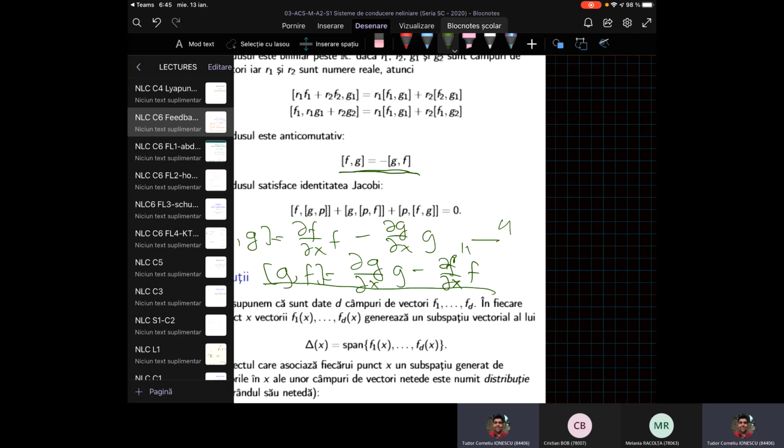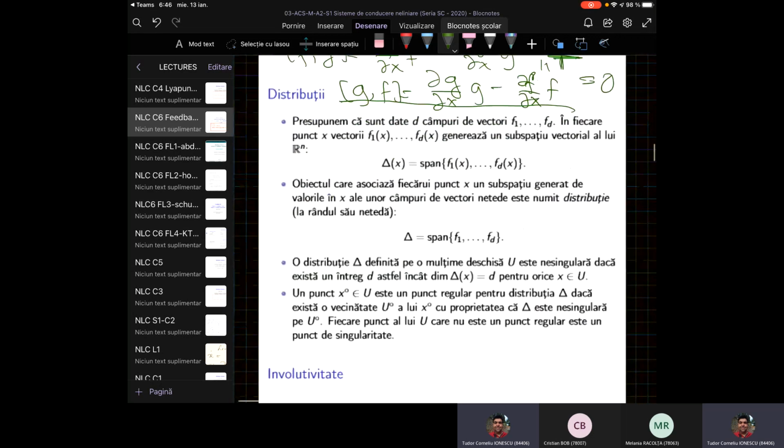If you add them, it's 0, isn't it? You agree? Yes, it's 0. So it's nicer to write: the bracket of f and g plus the bracket of g and f equals 0.